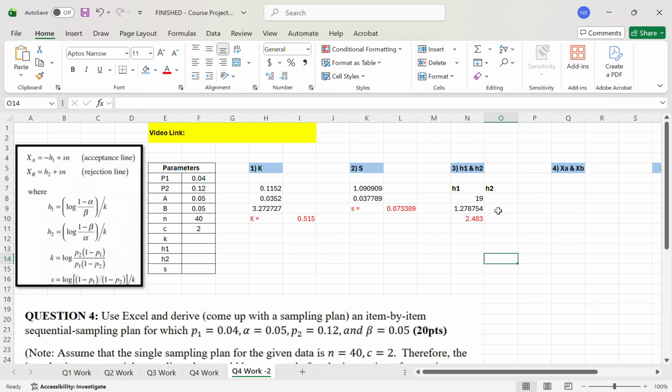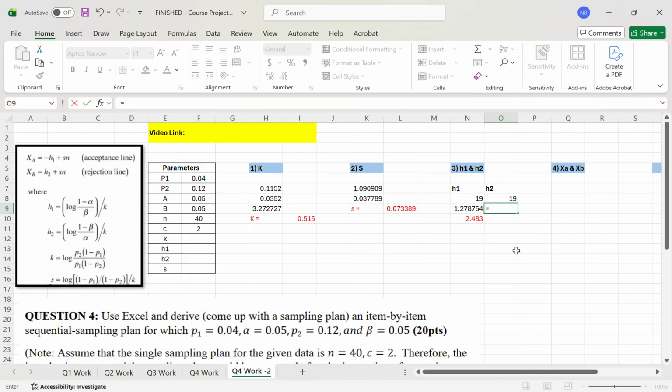All right, next we're going to calculate our H2 value. So again, let's just start at the top and do our 1 minus our beta. We're going to divide that by our alpha. And we're going to get the same thing because our alpha and our beta are the same number.